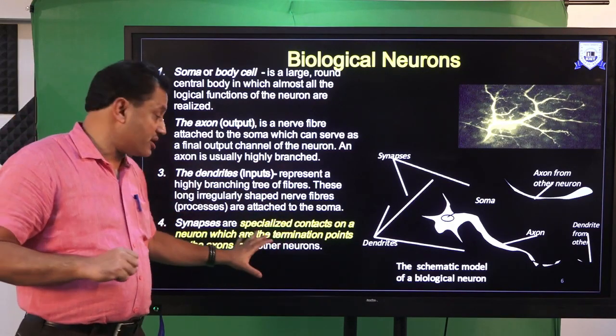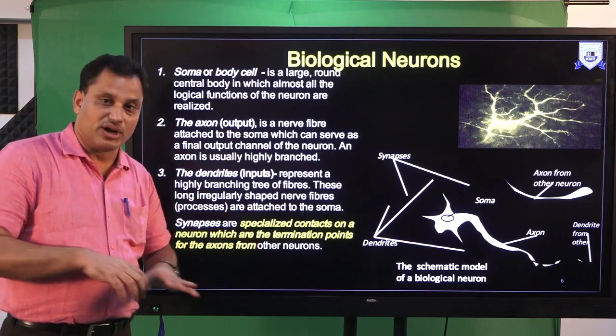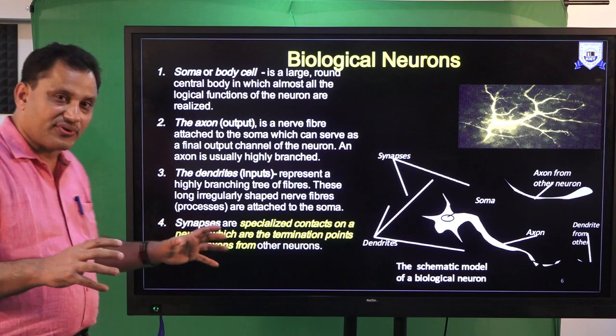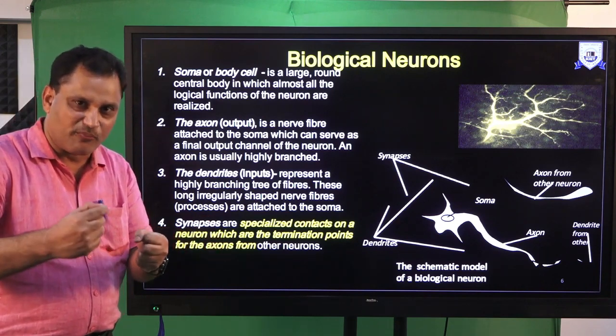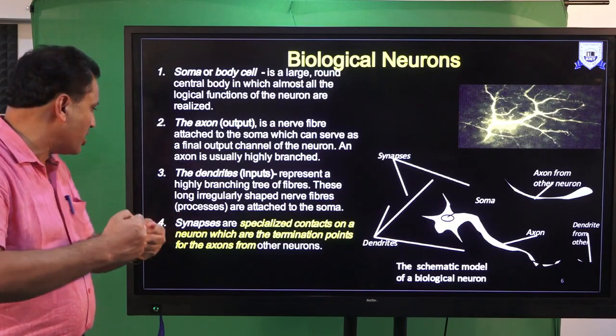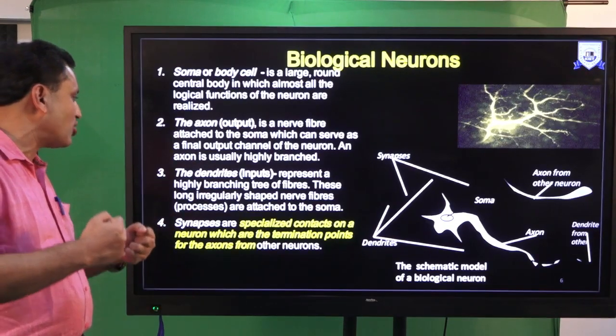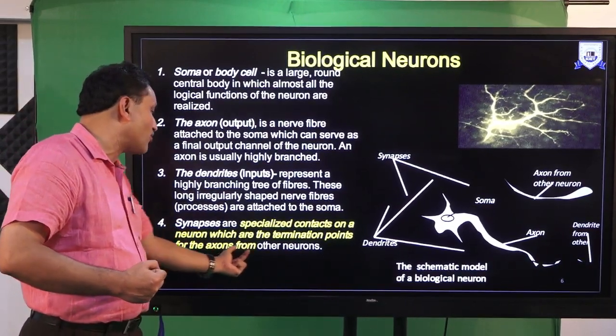This is very, very important in neural networks, and we will see how we simulate this characteristic in neural networks also. When the axon and dendrites are interconnected at some point, the strength of that connection at a particular point is called the synapse. Synapses are specialized contacts on a neuron which are termination points for the axons from other neurons.